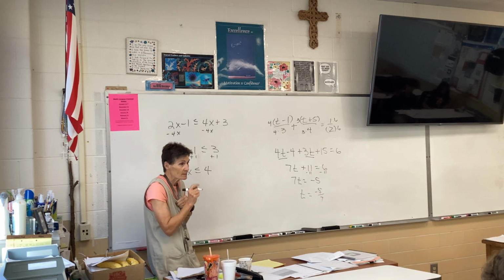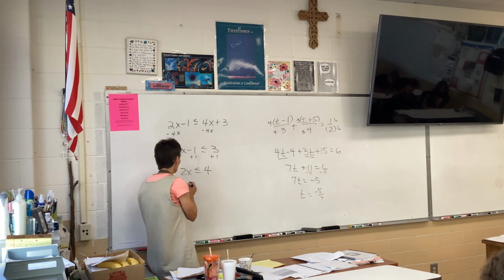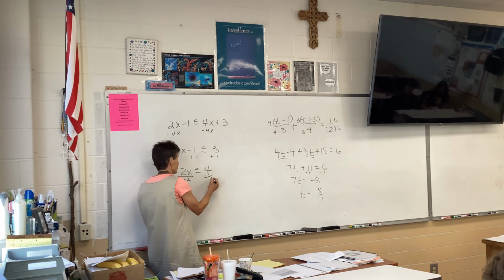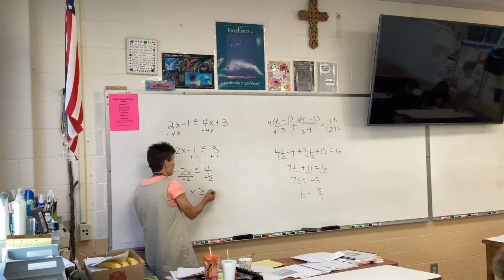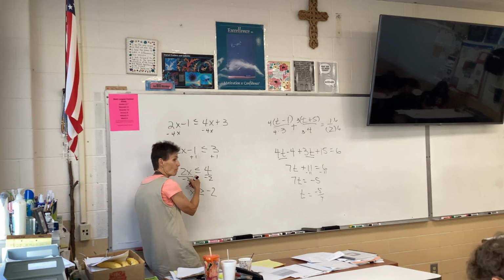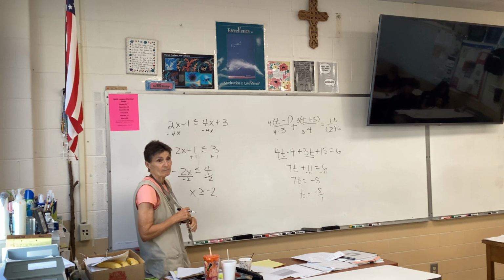Have to remember, this is where it gets different. I have to flip the sign. When I divide by -2, this becomes a greater than or equal to. Do you remember that rule? Multiply or divide by a negative, you have to flip your inequality.